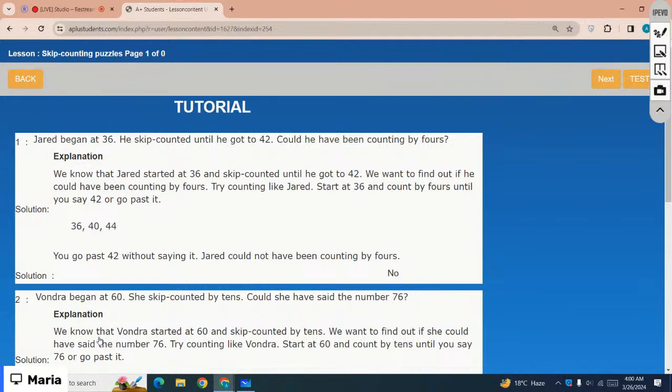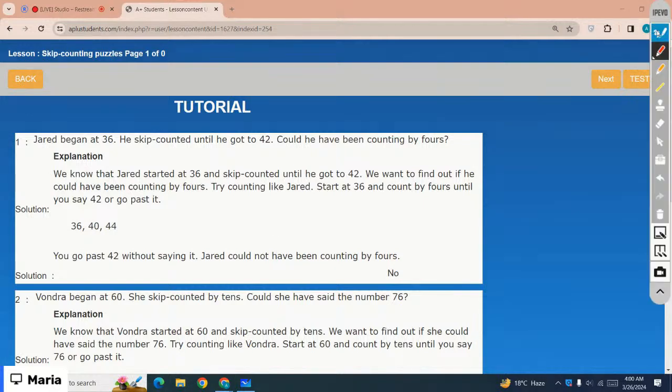So 36 plus 4 equals 40, and 40 plus 4 equals 44. Counting by fours, here you have 36, 40, and 44.